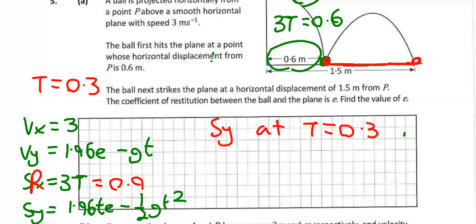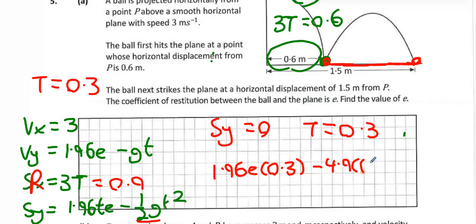So what we say is that Sy equals 0 at t equals 0.3. Go into your Sy equation, 1.96 e times 0.3 minus a half of gravity, which is 4.9 by 0.3 squared.